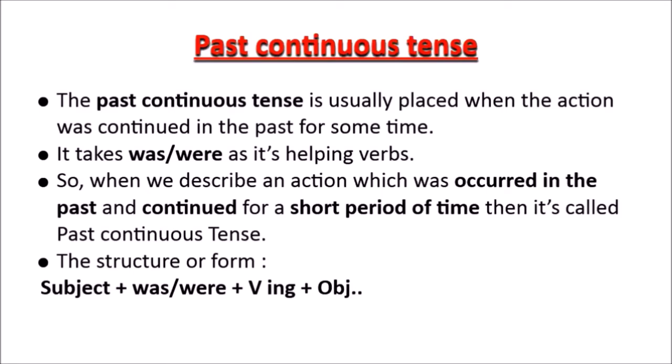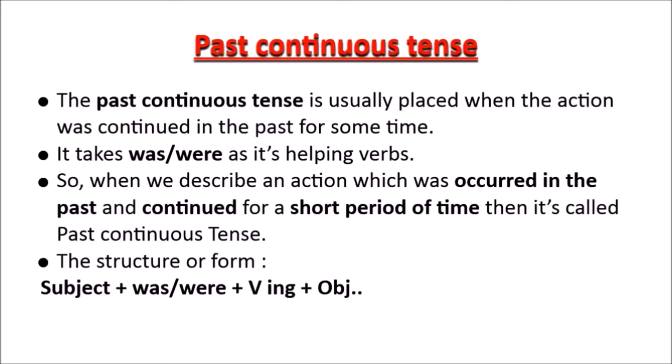If the action happened for a period of time in the past. It may be a continuous action in the past, but for a certain period of time. So in that time or in that place, we'll use what tense? Past continuous tense. Clear?